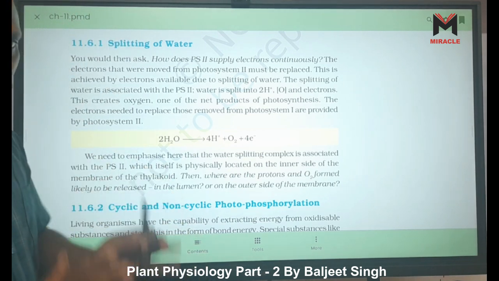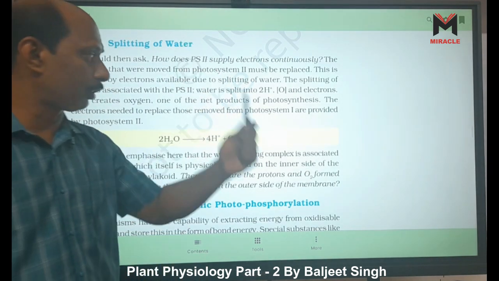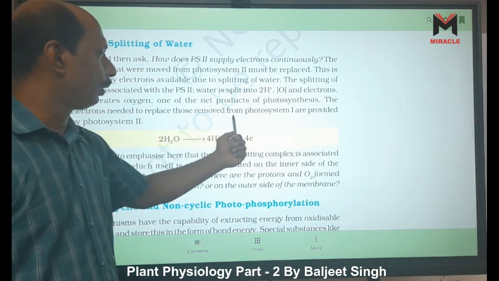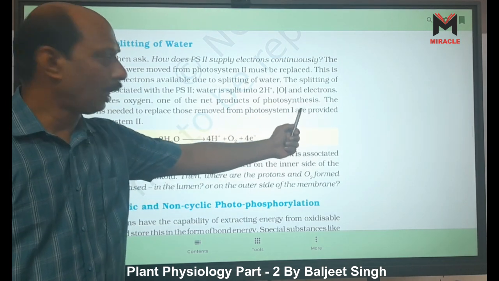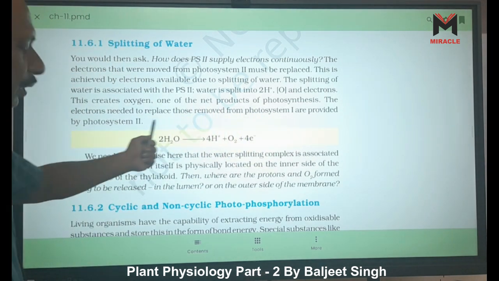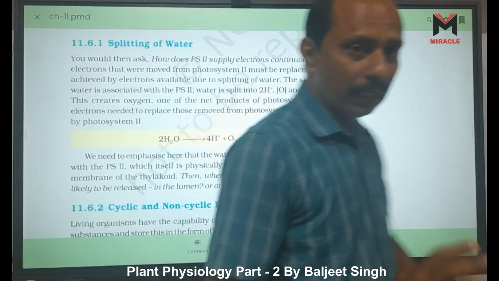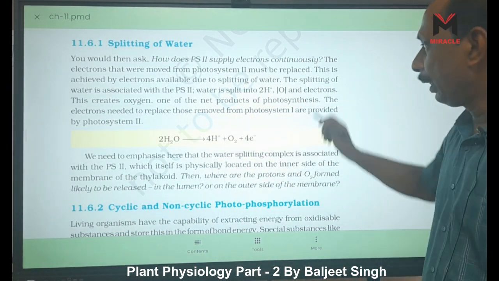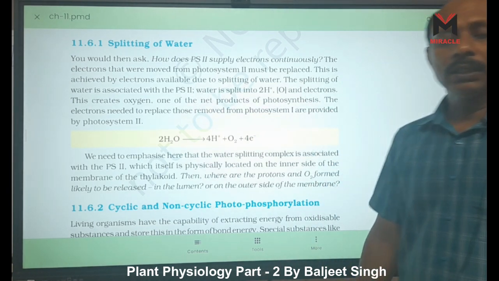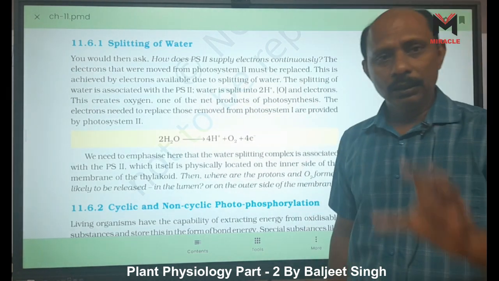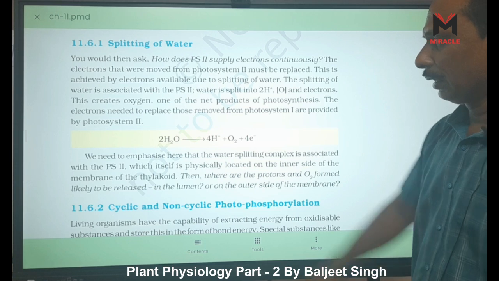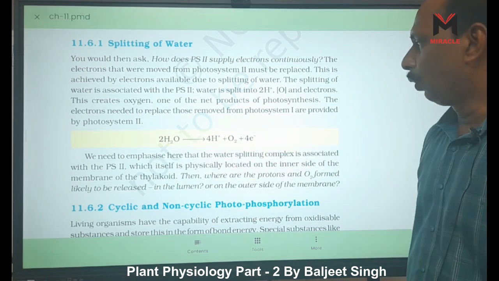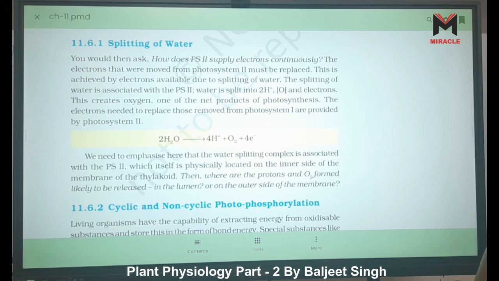This is the product of photosynthesis which is released into the atmosphere, and the electrons needed to replace those removed from photosystem first are provided by photosystem second. So these electrons which come from water replace the electrons which have already left the reaction center of PS second. 2H2O is equal to 4H plus and O2 plus 4 electrons, right?